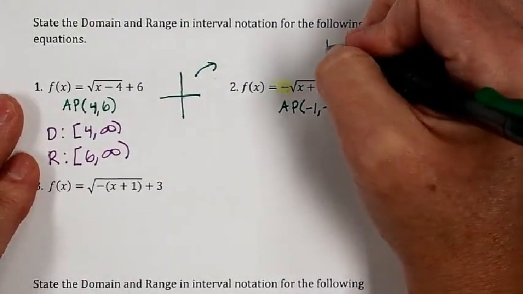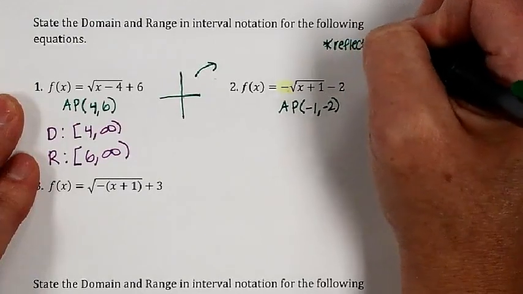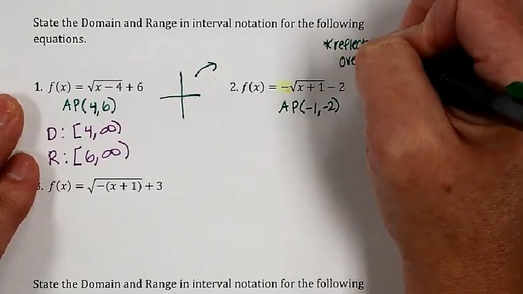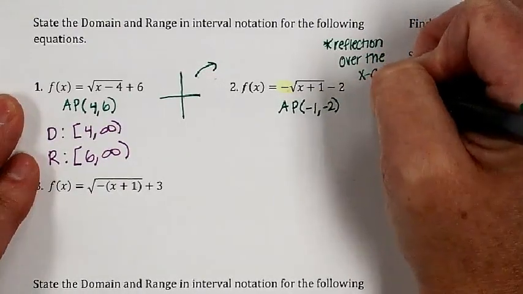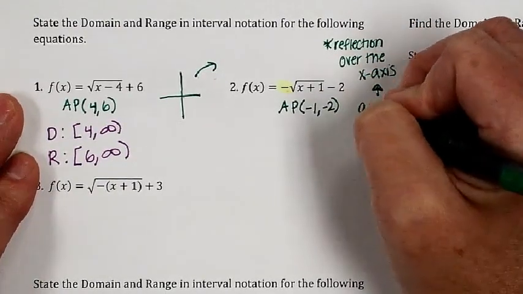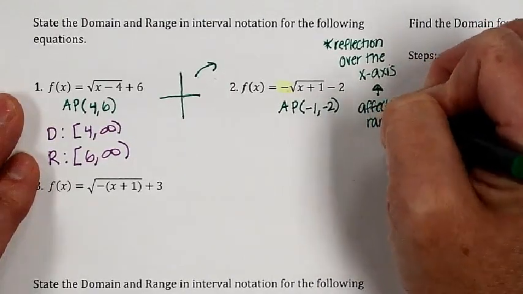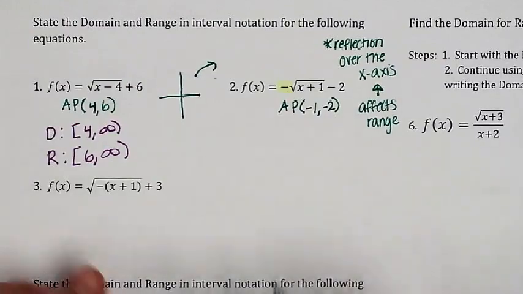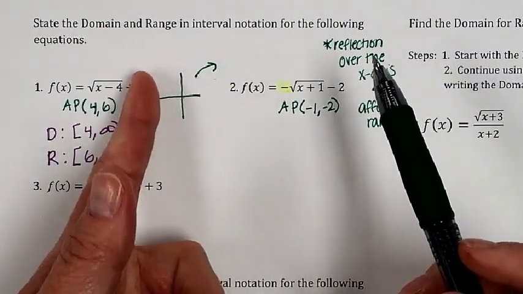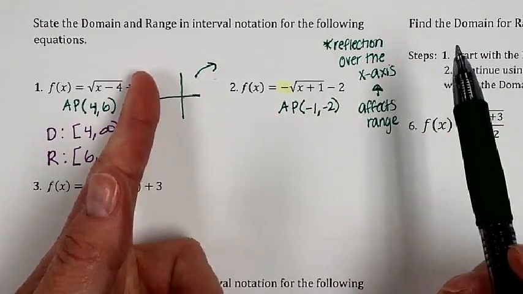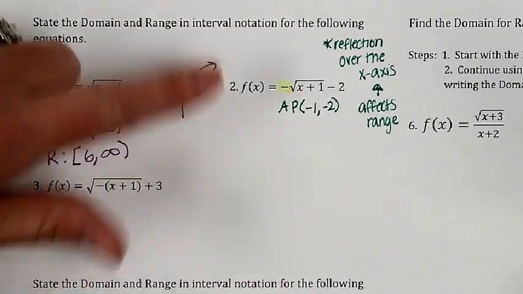This one is over the x-axis. So what it actually affects is the range. Because if here's the x-axis, we're flipping from here down to here. So those y values are changing, which should be what's changing because it's on the outside, affects the y. Y is range.